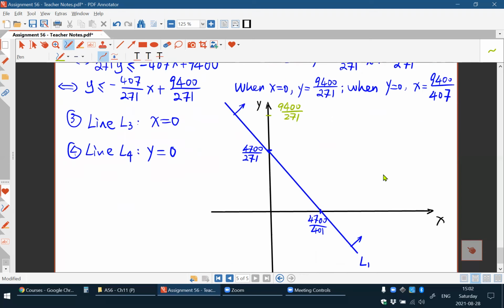And the x-intercept is 9400 over 401, right? Actually, the y-intercept is twice the y-intercept of L1, and the x-intercept is twice the x-intercept of L1, right? If you notice that. So these two lines are actually parallel to each other, right?